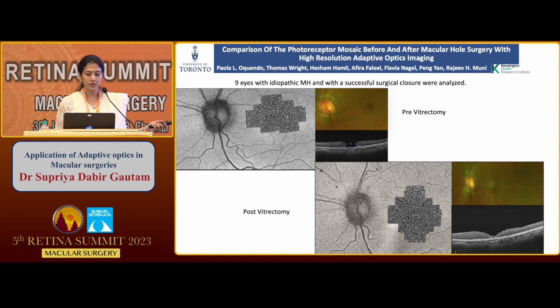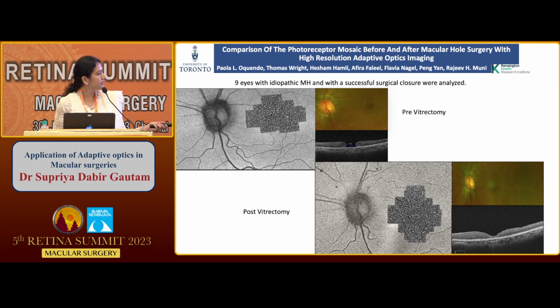Now, Dr. Rajiv Muni and his group from Toronto presented a poster where they looked at 9 eyes with idiopathic macular hole, after successful closure of the macular hole. This is the same RTX1 machine, a flood illuminated adaptive optics, and you have to superimpose your images on your retinal images.